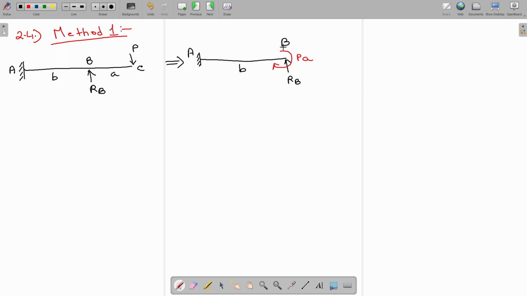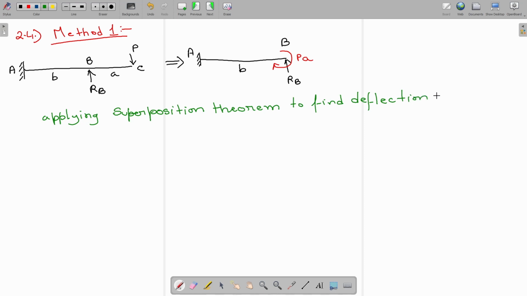Now we are going to apply the superposition theorem of deflection. So I'm going to write like this, applying superposition theorem to find deflection at B. Superposition theorem allows us to individually take the moments or the forces acting on a point and add them up.